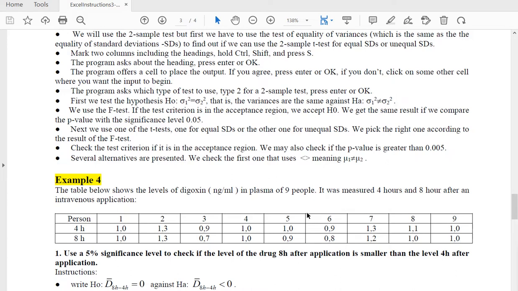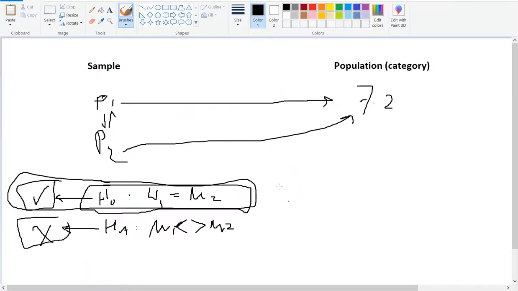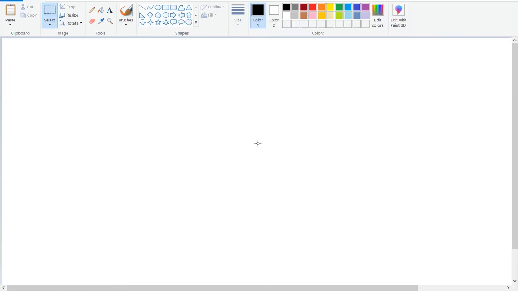Step two is that we have to write down our null hypothesis and our alternative. The question is to check if the drug level after 8 hours is smaller than after 4 hours. So as always, our null hypothesis is going to be equals, and our alternative is what changes.